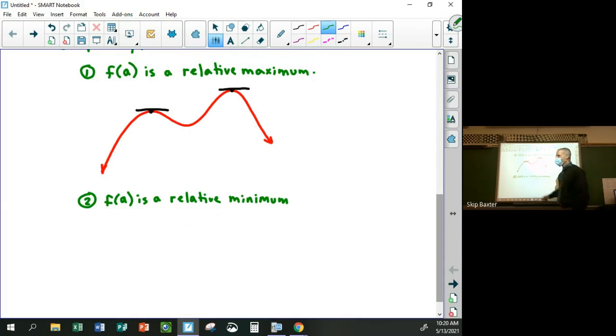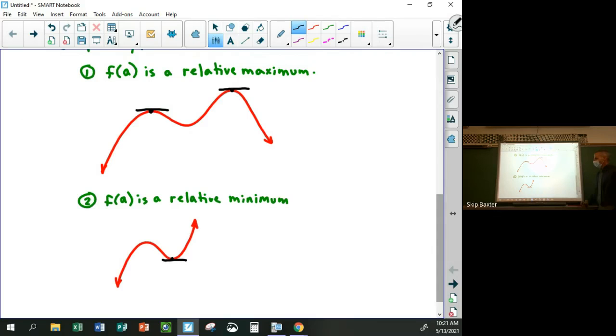That would be like low spots on a graph, right? So if I have a function that's something like this, this would be a relative minimum right here. Again, it's not the lowest spot on the entire graph, but it's the lowest spot in the nearby points.